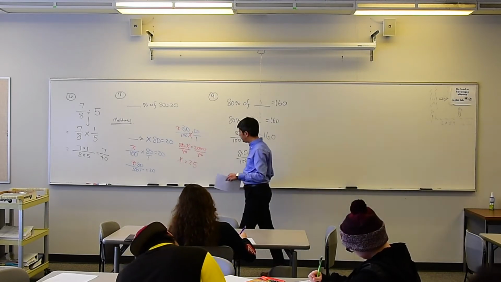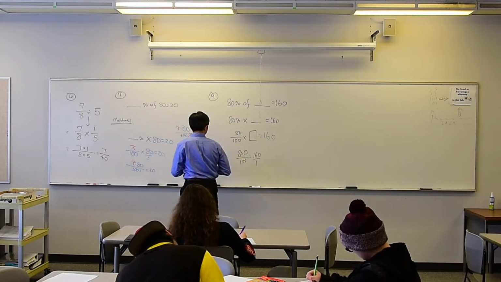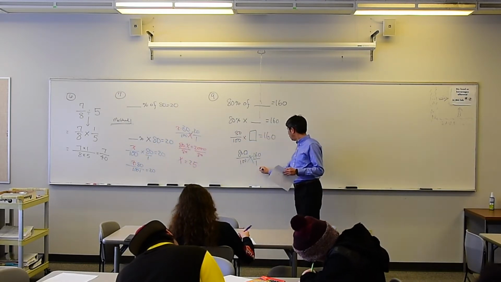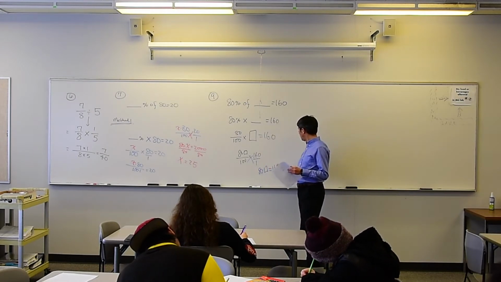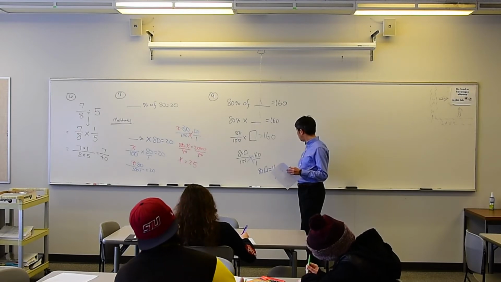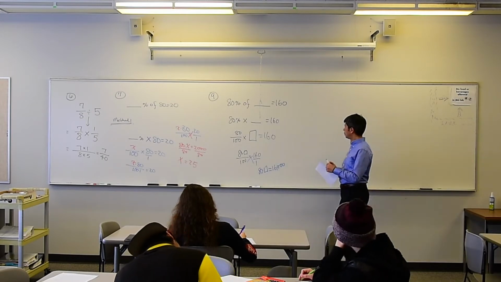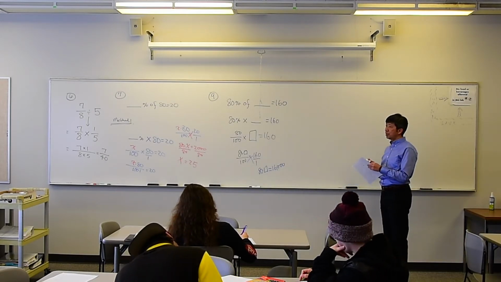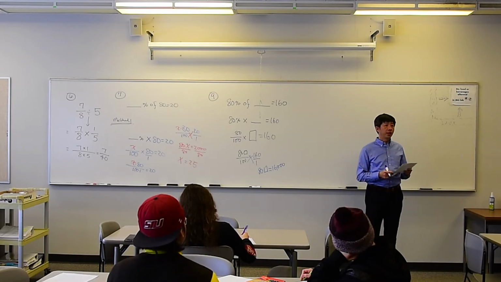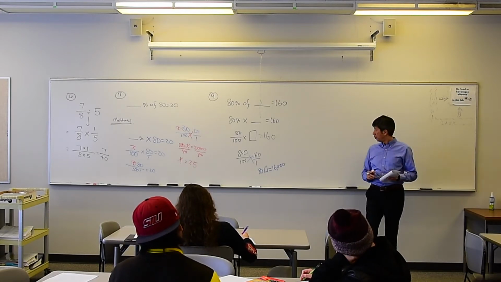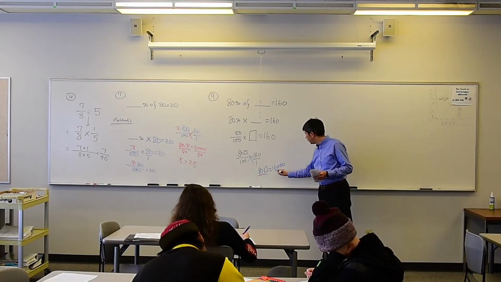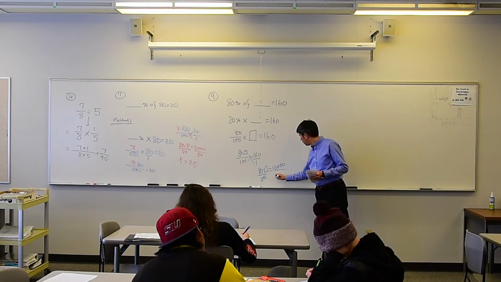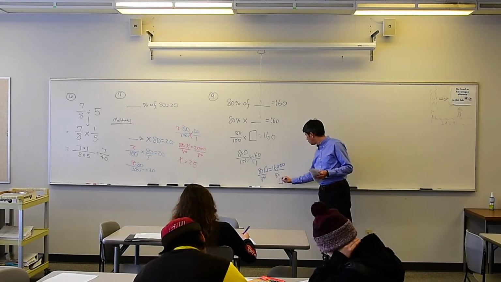Now we cross multiply, so this time we get 80 times a box equals 160 times 100. So we get 16,000, right? Now divided by 80, how much do we get? The box is equal to 200.